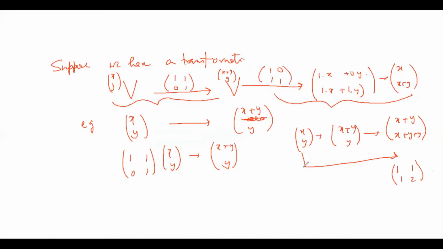So what we are doing, we are first transforming the vector by this matrix, and then we are transforming again with this matrix 1, 0, 1, 1. And the final transformation is this. So these two must combine in such a way that I get back this.